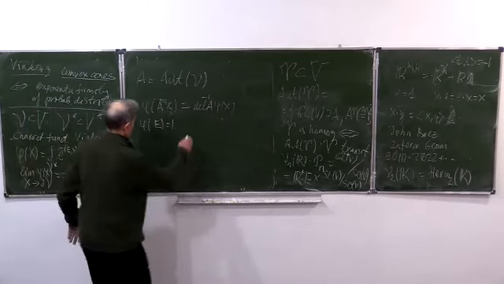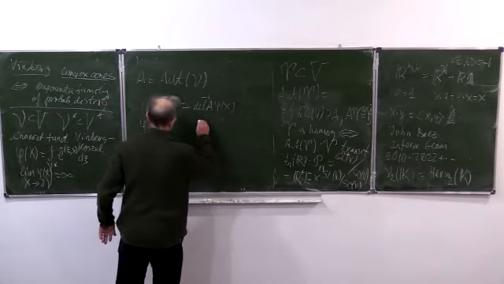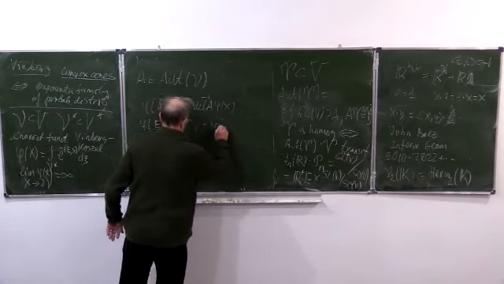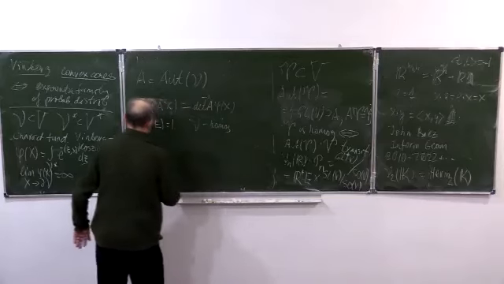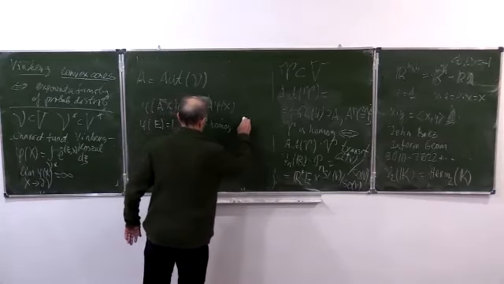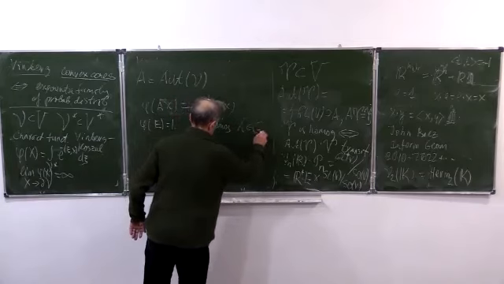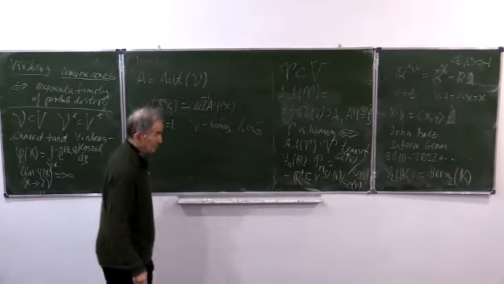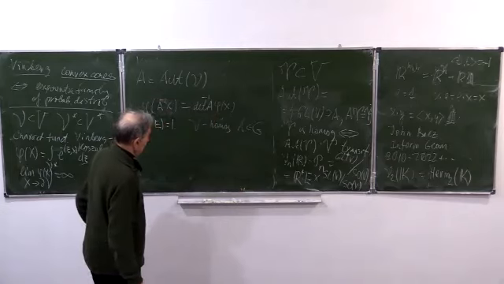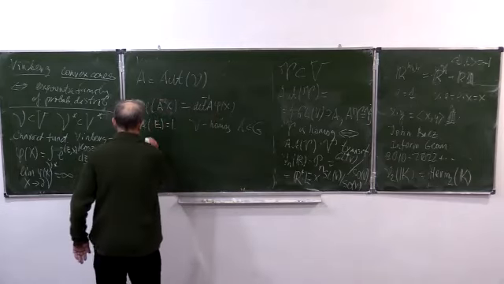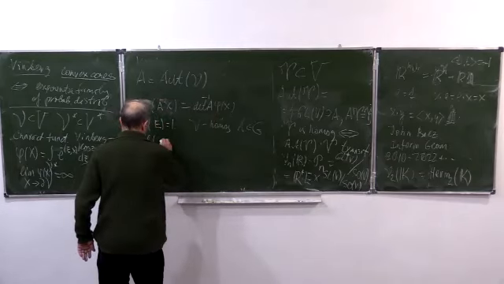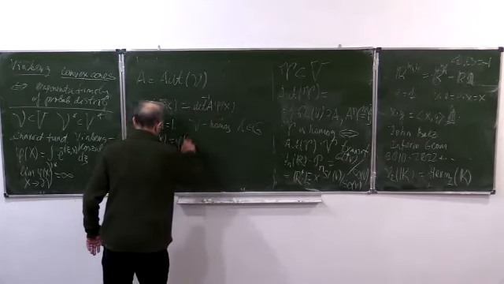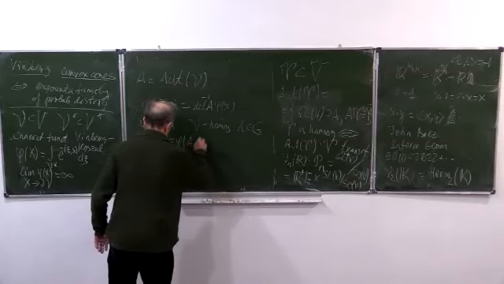Then, if V is homogeneous, and if you take, for example, A belonging to this Vinberg upper triangular group, then phi of x equals phi of A x0.